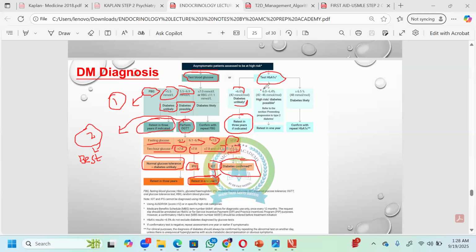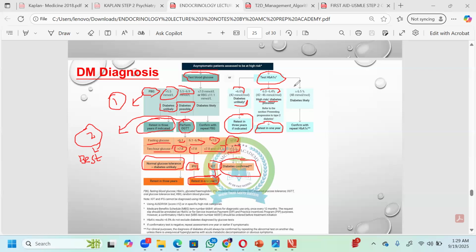But if the result is between 6 and 6.4, this is a high risk population, and you will go for a retest in 1 year.